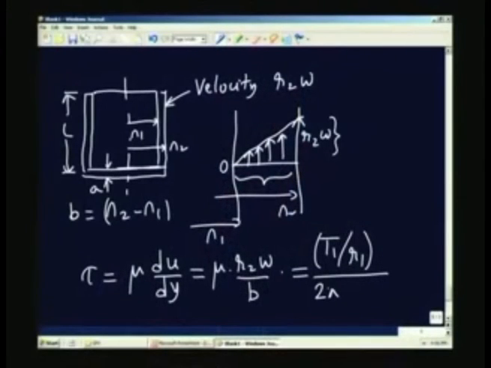This force divided by the area, which is nothing but 2 pi R1 L, gives the stress. Therefore, the shear stress is T1 by R1 divided by 2 pi R1 L, equal to mu du by dy, which is equal to mu R2 omega by B. From here I can work out the torque T1.